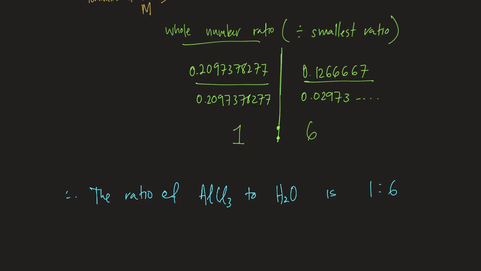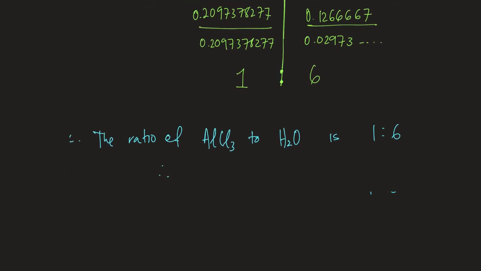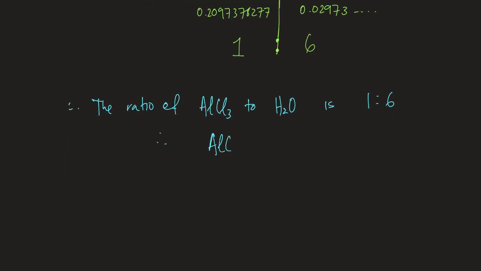So we know the formula at the moment is AlCl3 dot XH2O. Now I've got here 1 mole of AlCl3, and if I have 1 mole of AlCl3, I must have 6 moles of H2O.